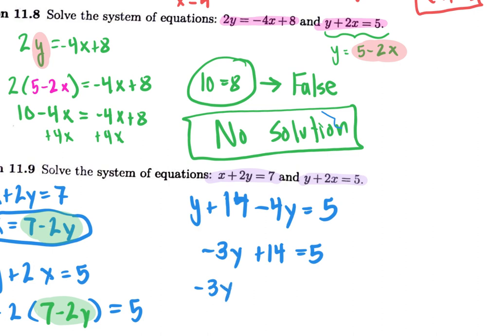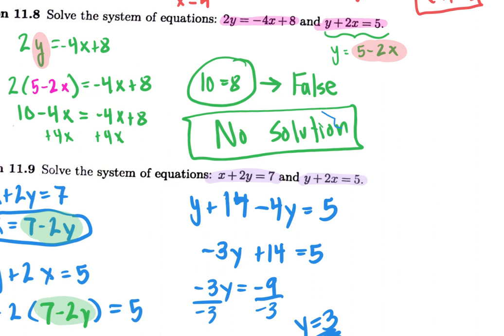And I'm going to subtract the 14 over. That should be negative 9. Divide both sides by negative 3. I get here that y equals 3.